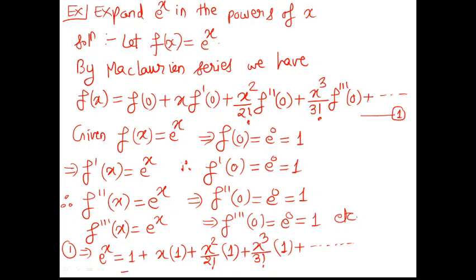So you can see it is nothing but 1 plus x plus x square by 2 factorial plus x cube by 3 factorial, which is nothing but the expansion of e raised to power x. This we have seen earlier.